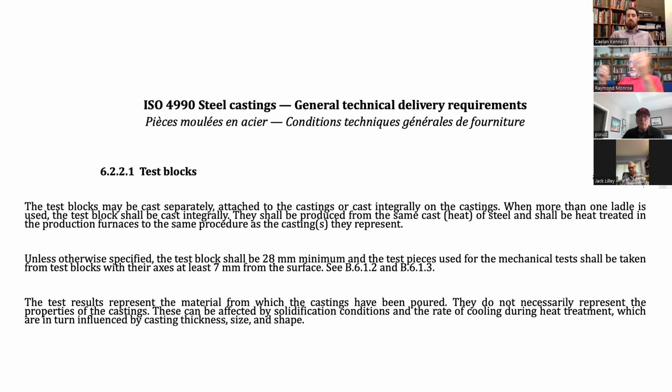They don't necessarily represent the properties of the casting, which are affected by solidification, rate of cooling and heat treatment, casting thickness, size, and shape. So this is fundamental stuff.